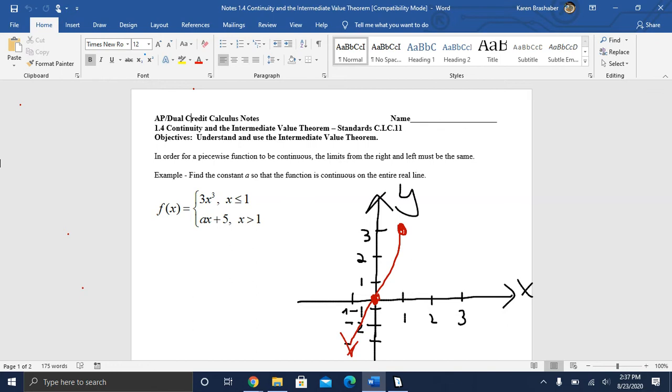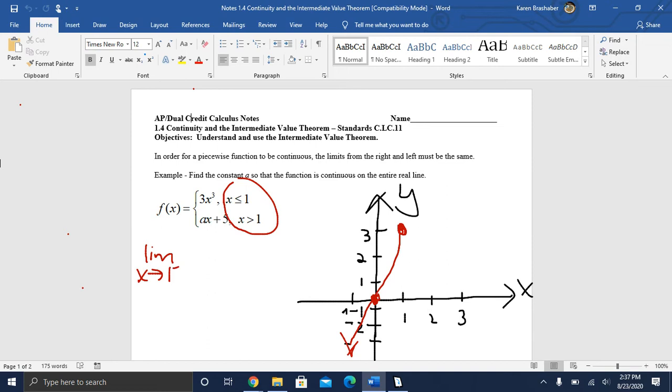Well, it seems that this value of 1 is our point of separation, and we're going to need to find out what's going on there. So we can take the limit as x approaches 1 from the left.